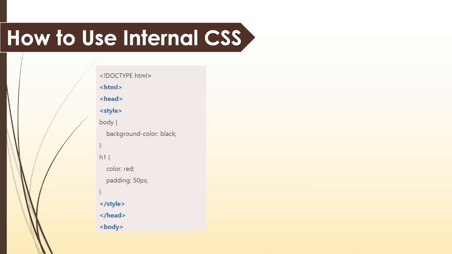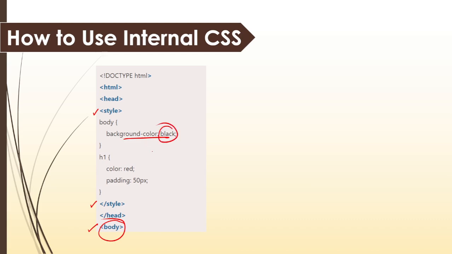As you can see here, this is the style section. Under this style tag, we write body background color is black. That means in the complete body section, the complete background of that particular page is now black.